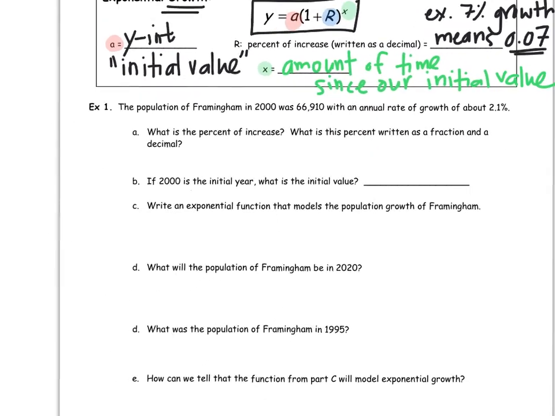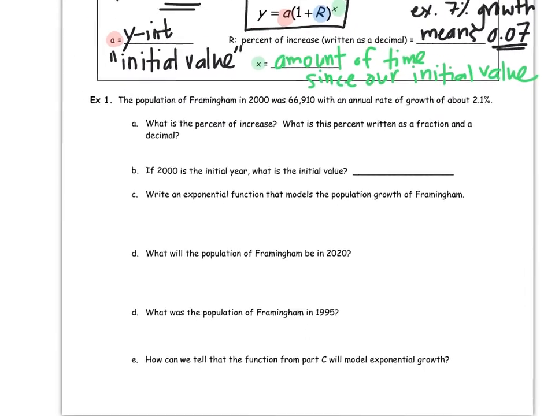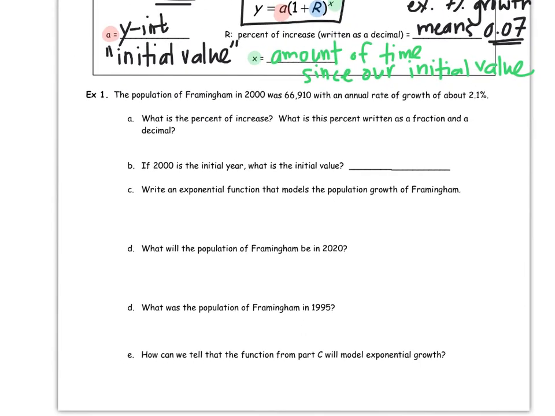This is a true scenario about Framingham, the town we live in, and it's about Framingham in the year 2000. So one key thing so far that I think we know is that the year 2000 is our initial year. And in the year 2000, there were 66,910 people living in Framingham, and that number of people was growing by 2.1%.